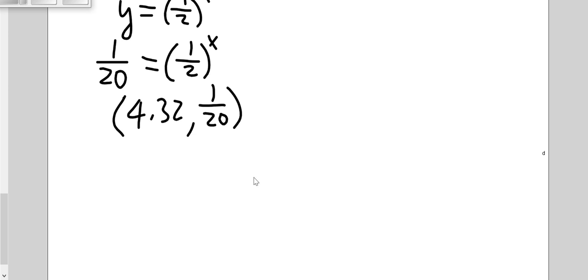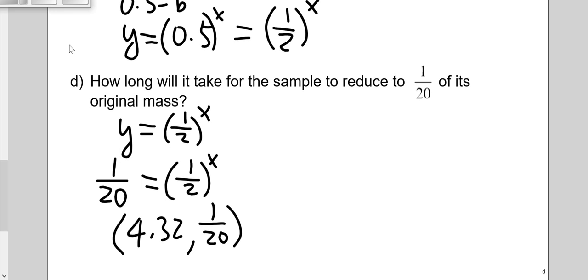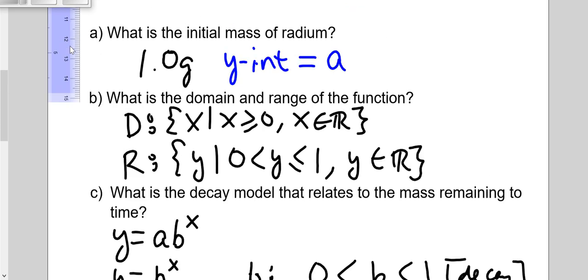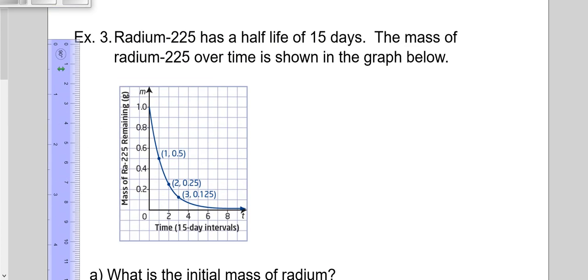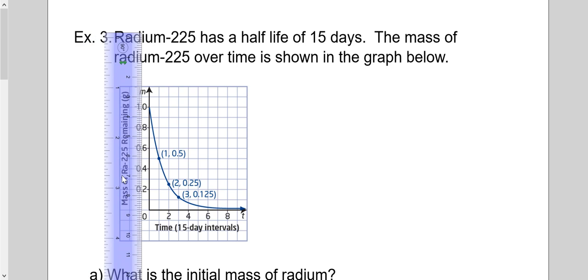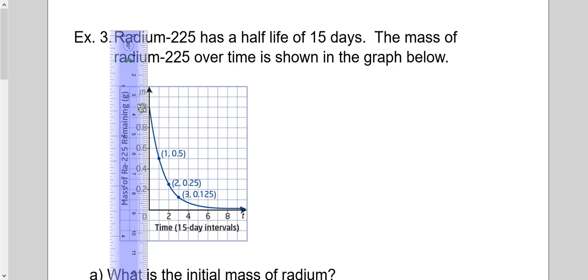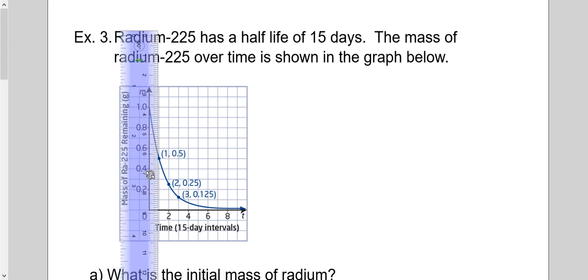Why? Have a look at the question. Radium has a half-life of 15 days. Look at the table: initial amount 1.0 grams, and the next one just 1 unit apart horizontally. For the y value, this is half of that. Another one, 0.5 and 0.25.